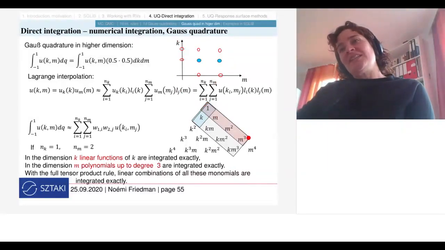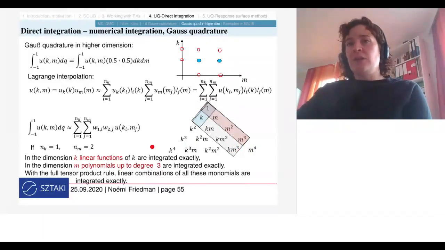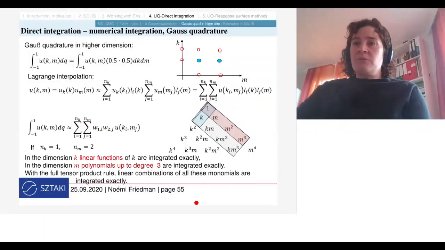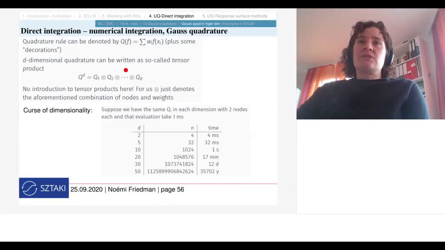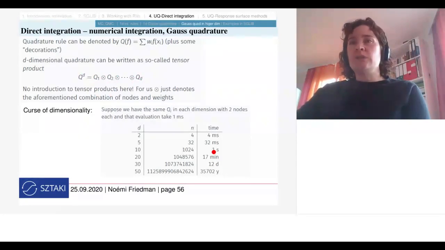So in this dimension, m to the power 3, I can integrate exactly. In this dimension, k, I can integrate exactly. So with the product rule, also their product can be integrated exactly. So this term here. So the problem with the quadrature rule is that this is just an abstract notation of taking the tensor product of the 1D rules.